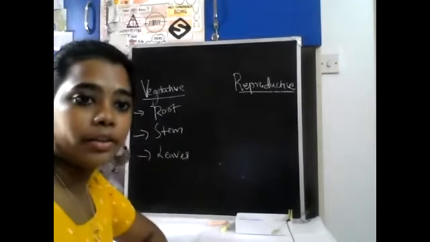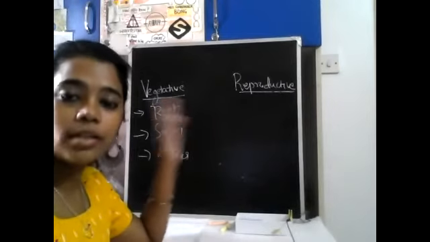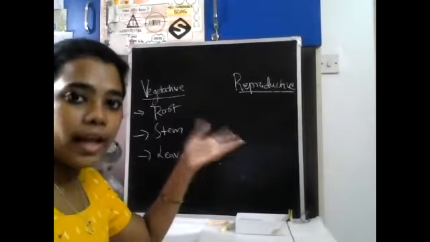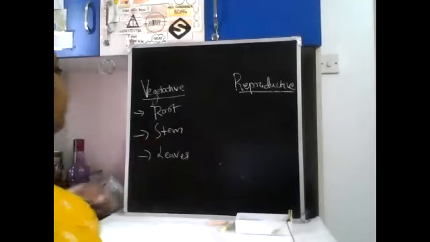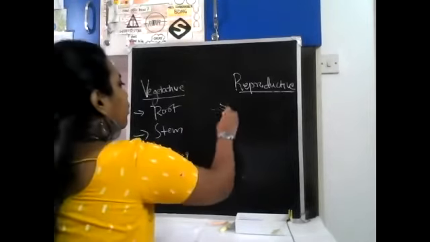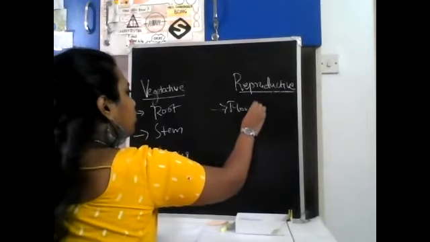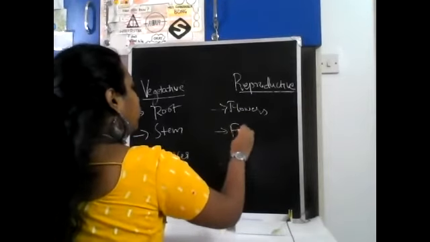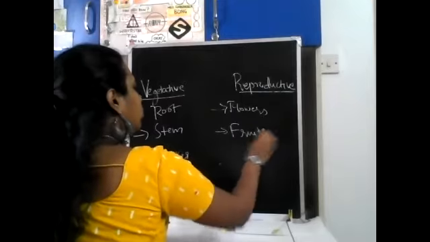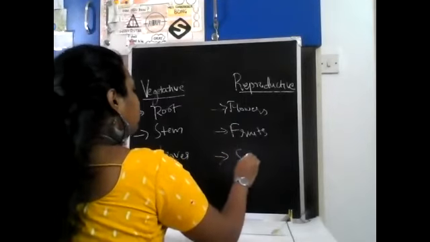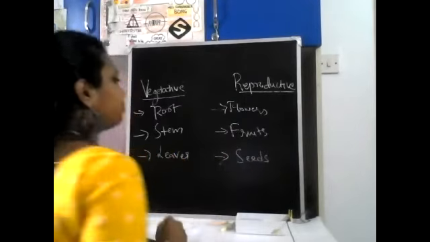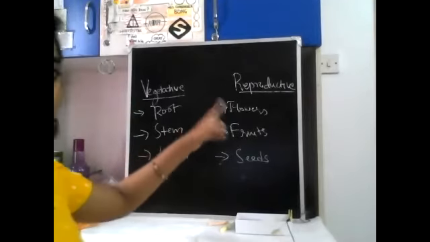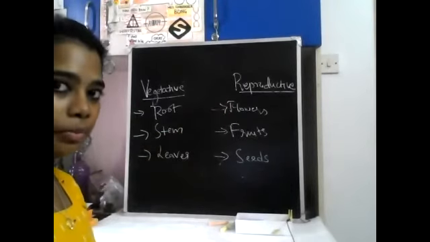Coming to reproductive parts of a plant, reproductive parts are those which help in reproduction, right? So now we have flowers, we have fruits, and we have seeds, which are part of the reproductive part of the plant.